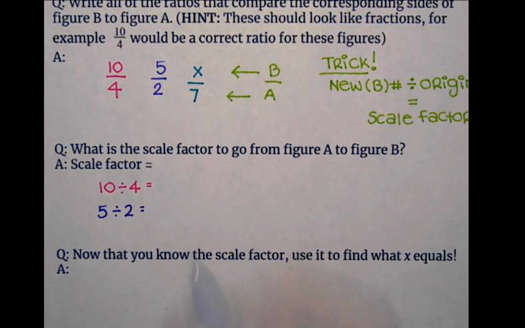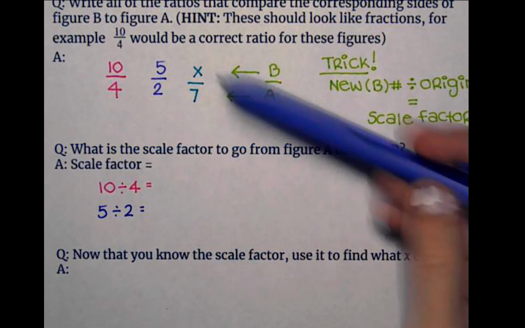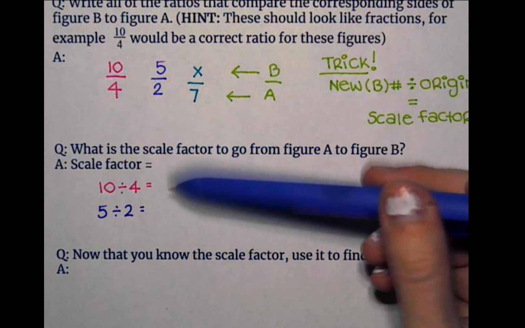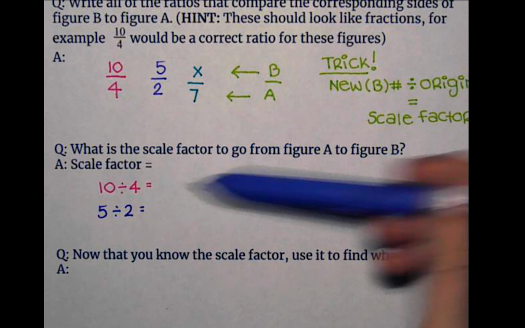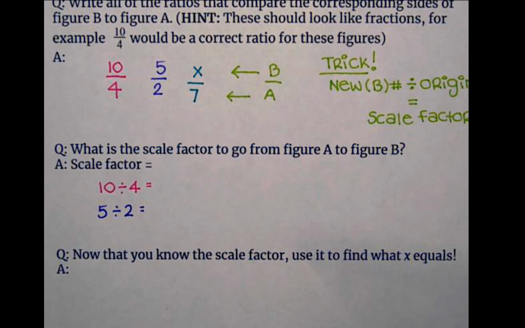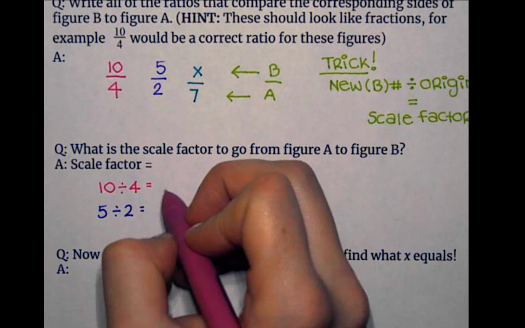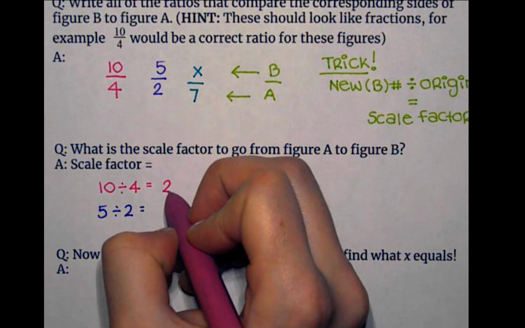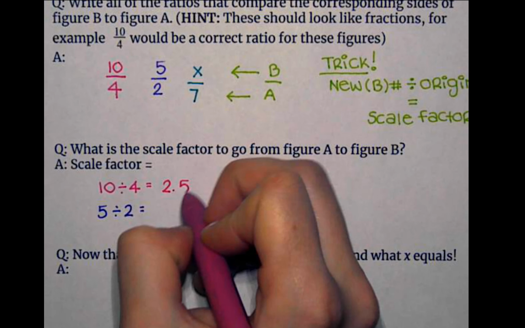We could do x divided by 7, but we don't really need to do that right now. I just want to see if these two match, because if they do, we know we have a constant scale factor. So let's look. 10 divided by 4, if you put it into your calculator, is 2.5.